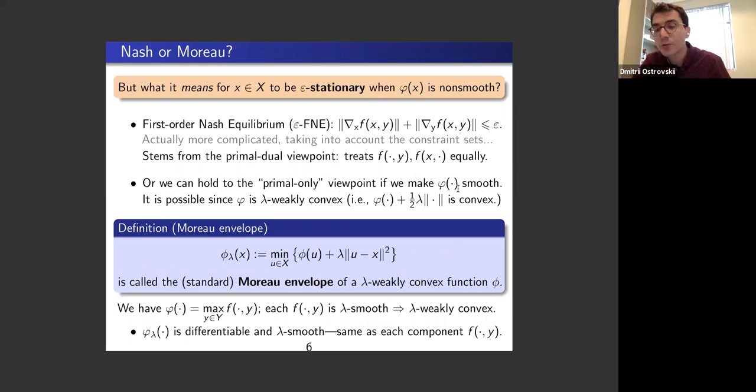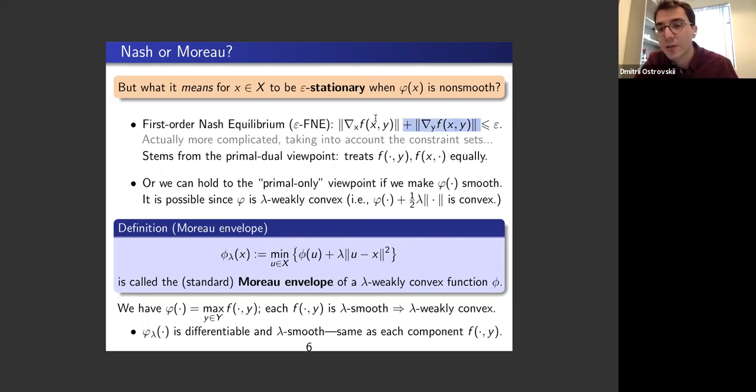If you found a point such that the x gradient has norm at most epsilon, and the y gradient has norm at most roughly epsilon squared, up to some constants that depend on the problem parameters, then this point is actually a Moreau envelope point as well.